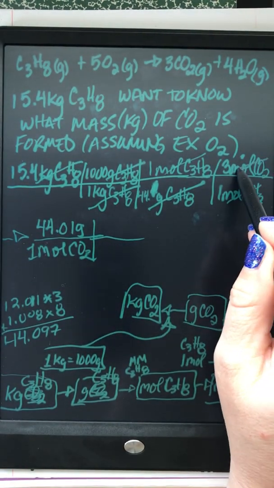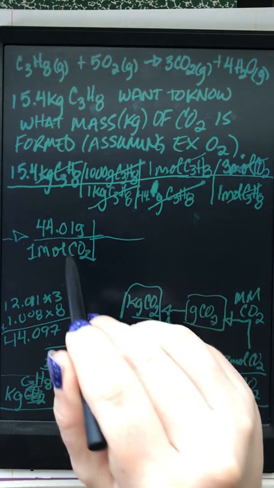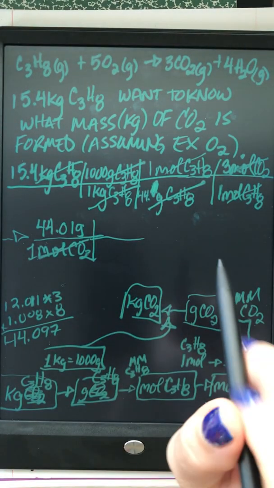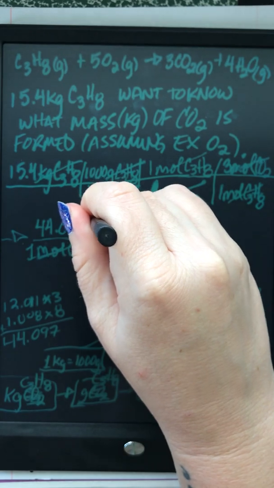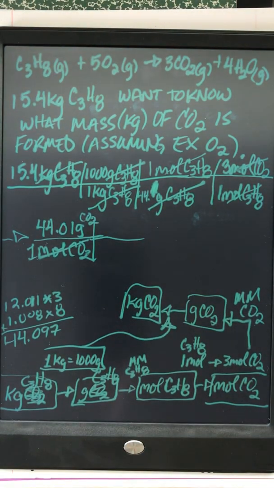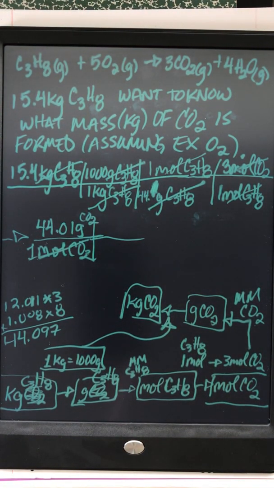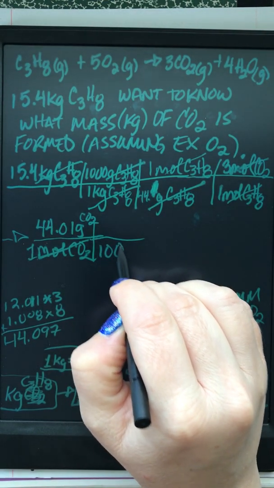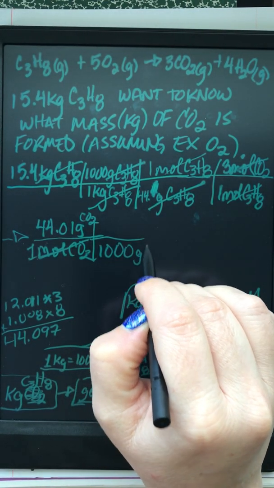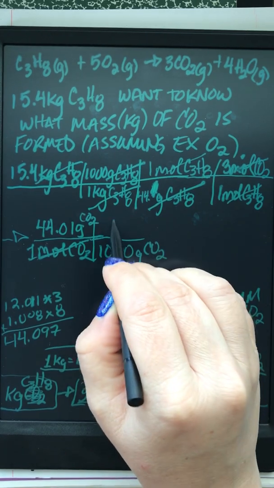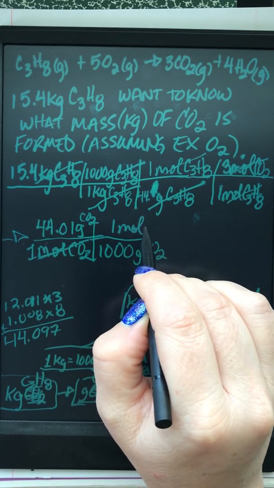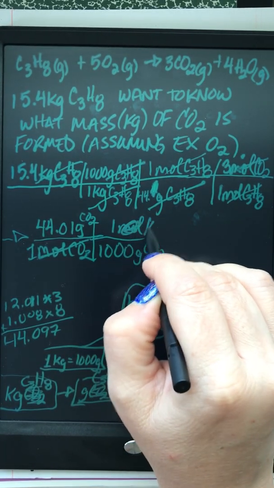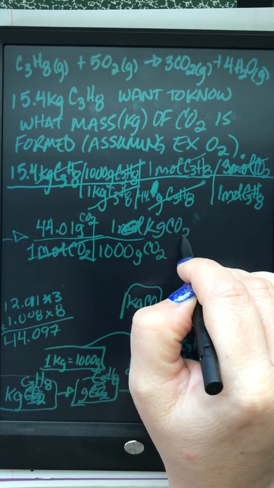So now moles of CO2 up here will cancel with moles of CO2 here. Sorry, I didn't write my CO2 in there. And now what's my last step? Converting grams to kilograms. Exactly. So here we have 1,000 grams of CO2 for every 1, oops, not mole, excuse me, kilogram of CO2.